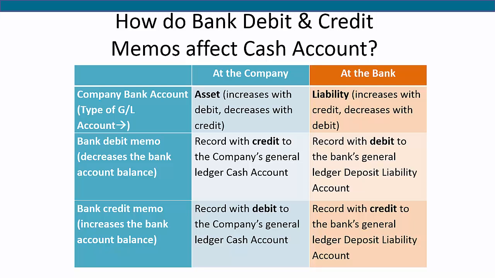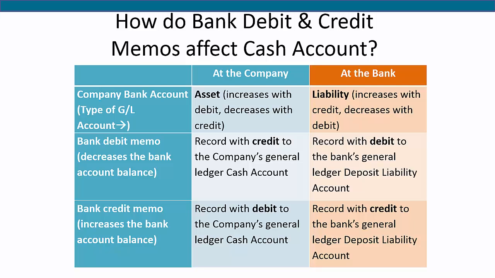Now, I provided this slide to explain a common misperception about bank debit and credit memos. In short, banks think about things in just the opposite way that we do. Just remember the rules you learned about debits and credits, and remember to think about the bank account as an asset. It always increases with debits and decreases with credits.